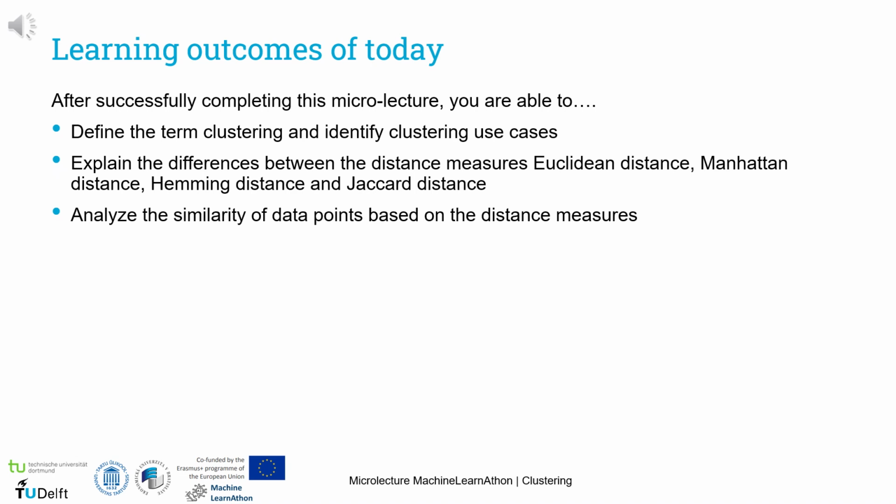I hope that you understand how they are calculated and when to apply them, and that you can use these to analyze the similarity of data points. And finally, we will learn something about the k-means clustering algorithm, which is basically the most popular clustering algorithm, and the elbow method.